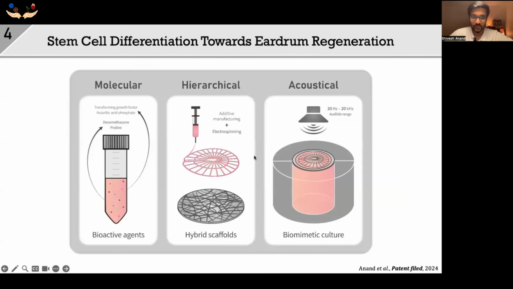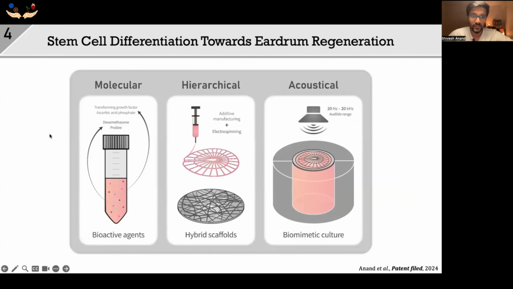The final aspect of the tympanic membrane reconstruction project was to investigate external stimuli which can be used to promote the differentiation of human mesenchymal stem cells or stromal cells towards the tympanic membrane lineage. In this case, we used 3 different stimuli in the form of molecular, hierarchical, and acoustical stimulation.